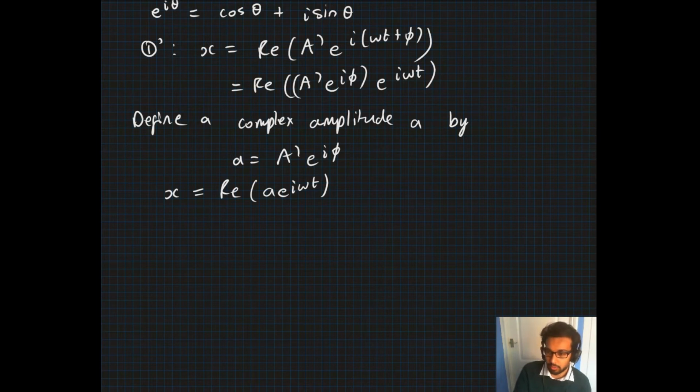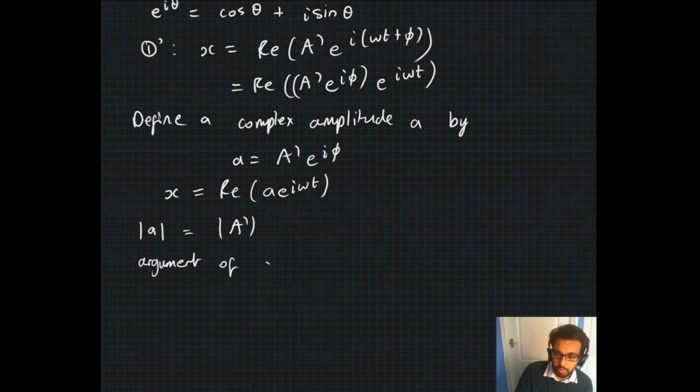So then we'll only be left with the modulus of A prime, and that gives us just the amplitude, A prime. So, just writing this down, we have the modulus of A equals the original amplitude of oscillation, A prime, and we also get the phase: the argument of A is just the phase angle phi.